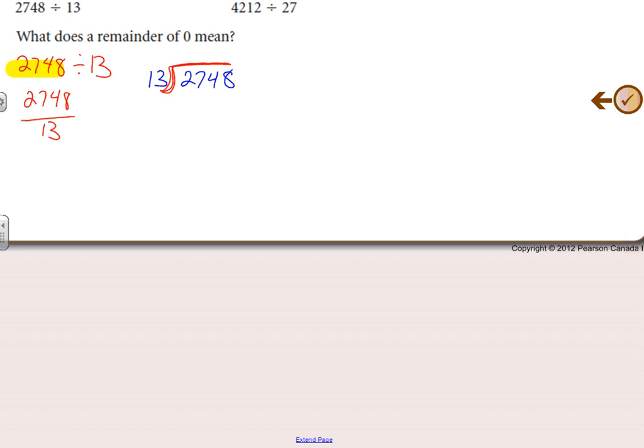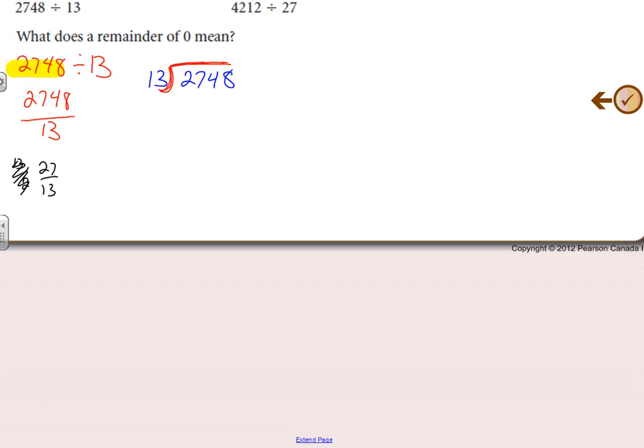Now we're going to divide. So your process here is saying, how many times does 13 go into 27? Take that on the side. 27 divided by 13 goes how many times?